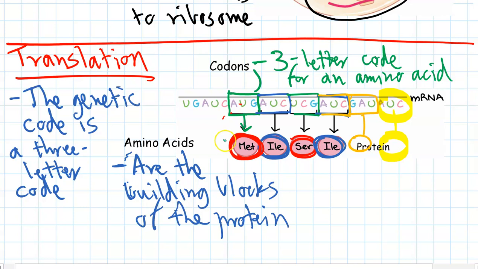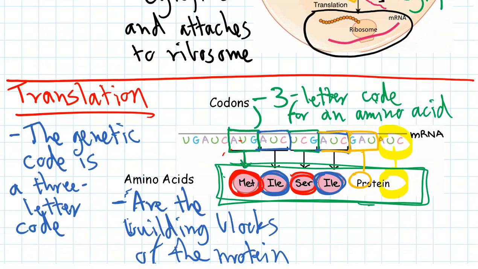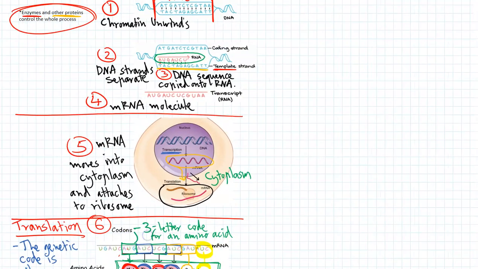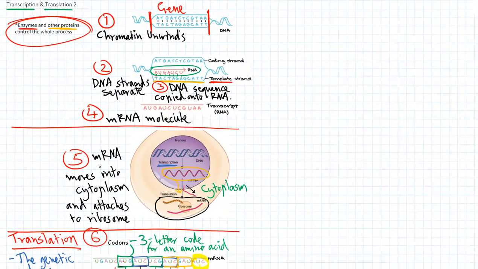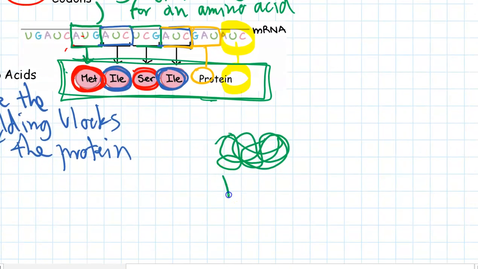And the final protein is made of all those amino acids joined together. So that is basically step 6 and the final step in making a protein. So you can see that cells start with that message on the DNA, and it eventually leads to making a protein at the very end, which eventually folds up, and then it goes to the part of the cell it's needed and does its job.